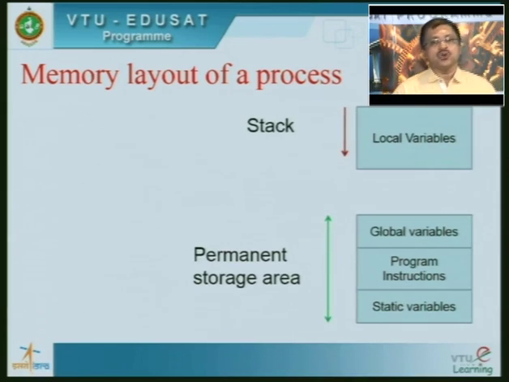Next come the local variables. When the main function starts executing, you know that main would have some variable definitions. Typically they are local to the main function. For these, the space is not allocated by the compiler in the beginning of the execution.